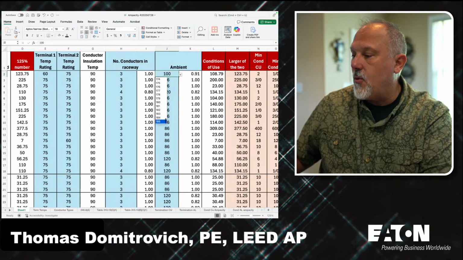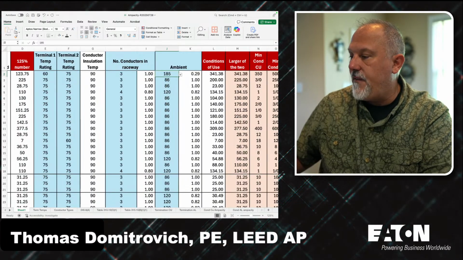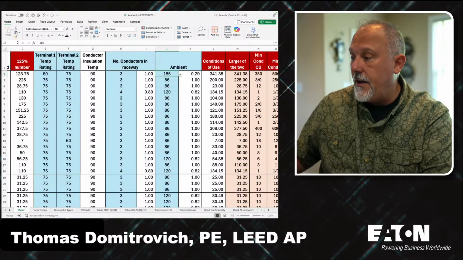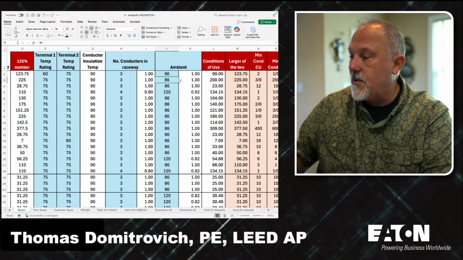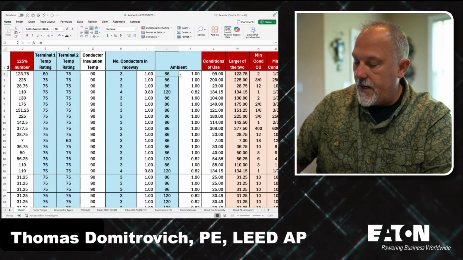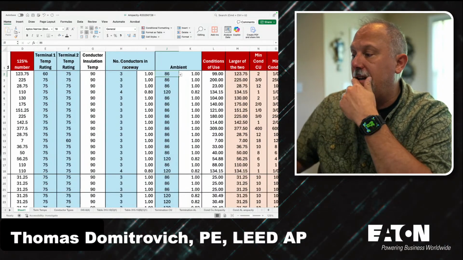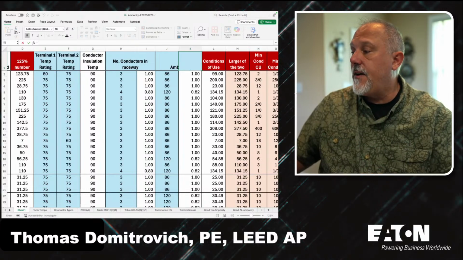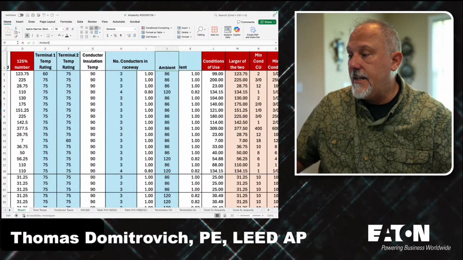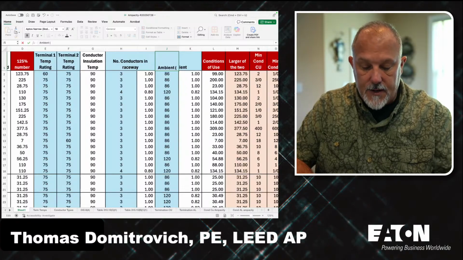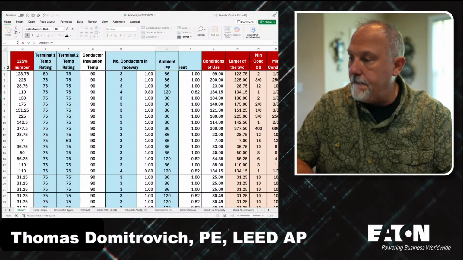So here's the options, up to 185. If I go to 185 degrees, I'm at 0.29. So I'm going to be at 86, which is 1.0. These are ambient in degrees Fahrenheit. That's the other thing I did, was I did it in degrees Fahrenheit.